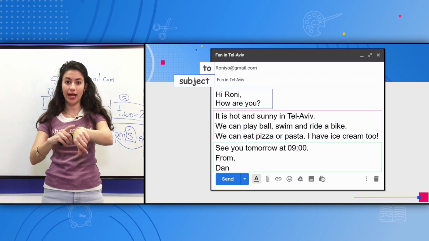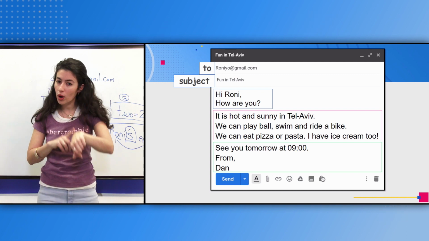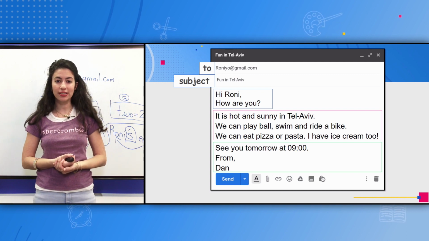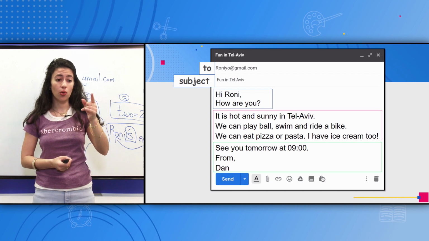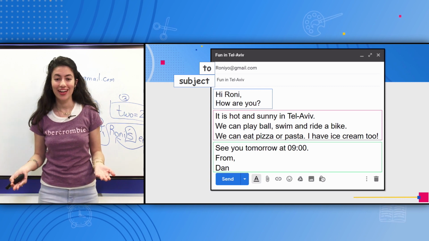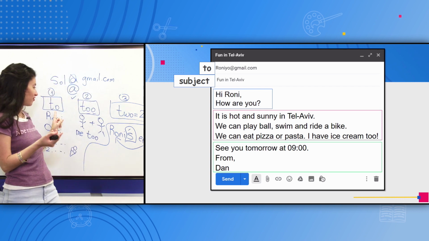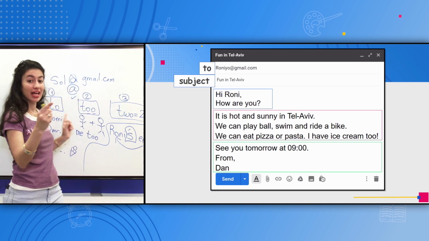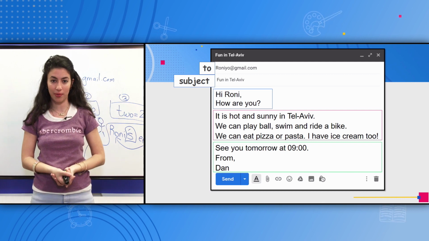At what time? Look at it. When are they going to meet? At 9. Excellent. So when it says from Dan, it means that it's from him. If it was to Ronnie, it is from Dan, who wrote the email.